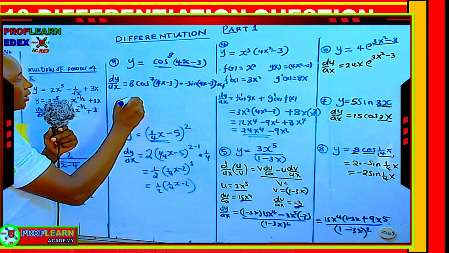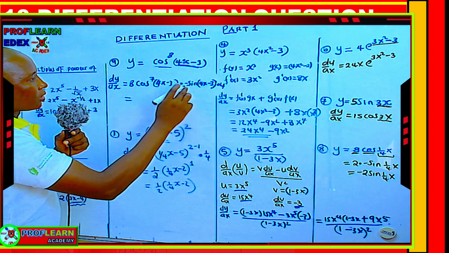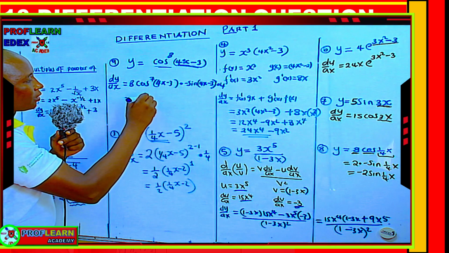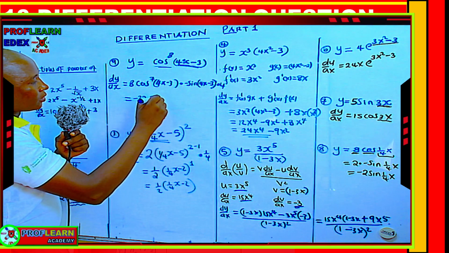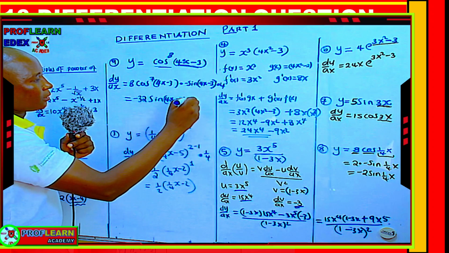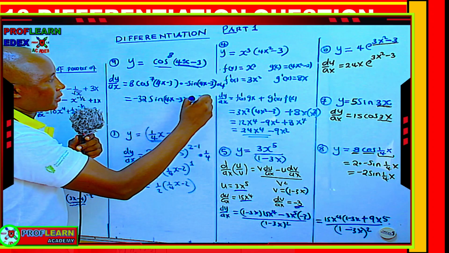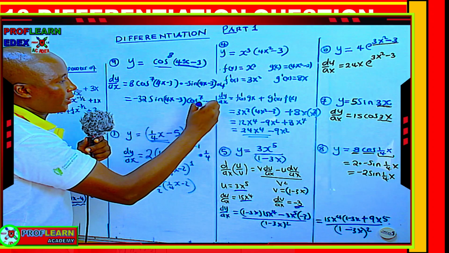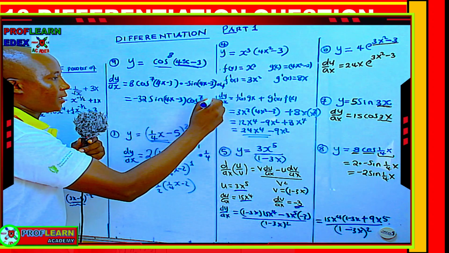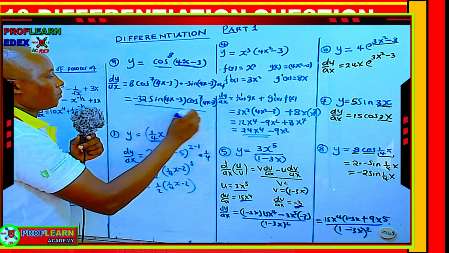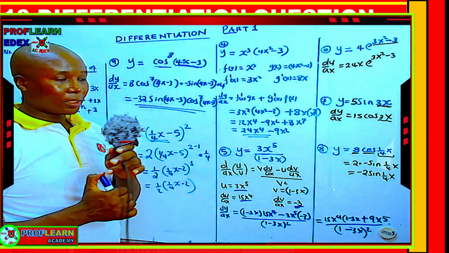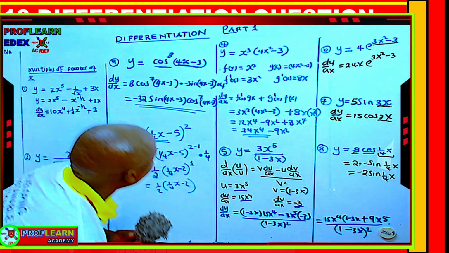So finally, our answer becomes 4 times negative 1 times 8, which is negative 32 sine(4x minus 3) cos^7(4x minus 3). And that is the final answer in that case. So whenever you are given powers of trigonometric functions, you are going to do it like that.